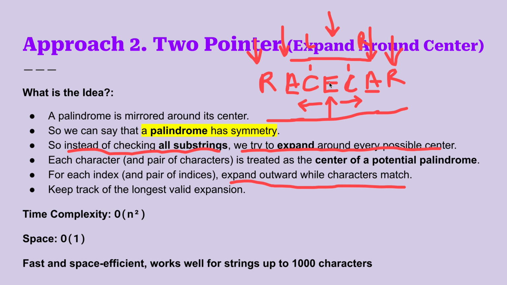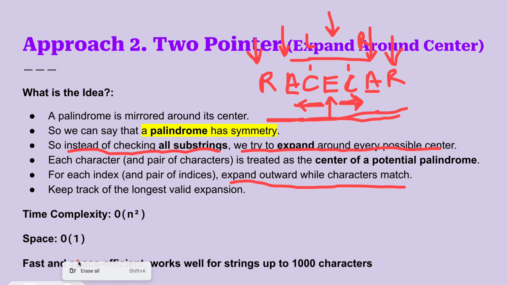As you can see, we started from E, and we kept left and right at E. Then we do left minus minus and right plus plus, and we keep checking outward, expanding the set of characters. We keep track of the longest valid expansion, and we have found the valid palindrome.